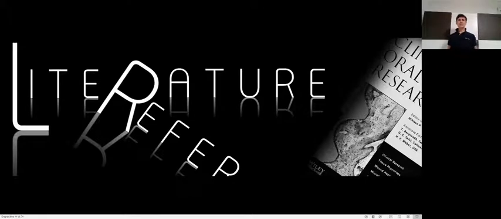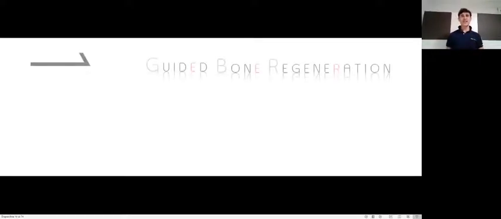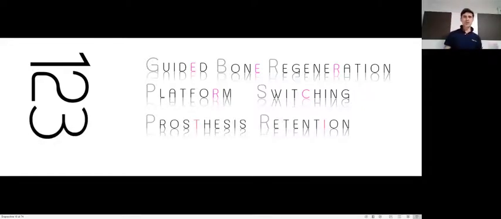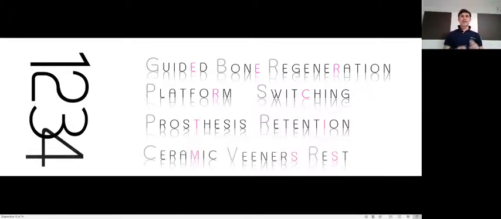And if we need to defend and support our choices, the literature references are telling us that this could be one of the correct choices: the correct guided bone regeneration technique, the choice of a good implant with platform shifting and internal conical connection, the choice of the good prosthesis retention, and the information related to a good ceramic veneer restoration technique.